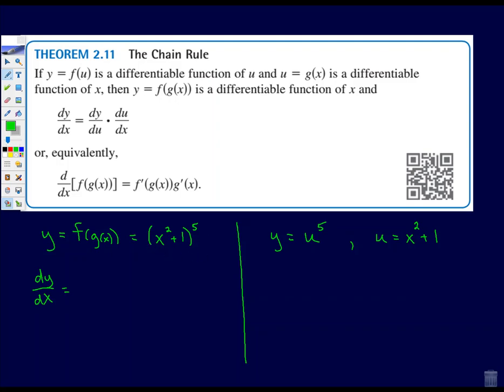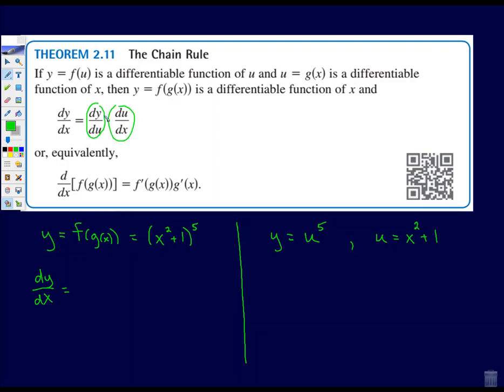Okay? Now, the chain rule basically breaks this down into two parts. And it requires that we decompose this into its basic components. Y is a function of u, and u is a function of x. And all the chain rule says is, once I have that breakdown, I just find each of those derivatives with respect to their variables, and then multiply them together.